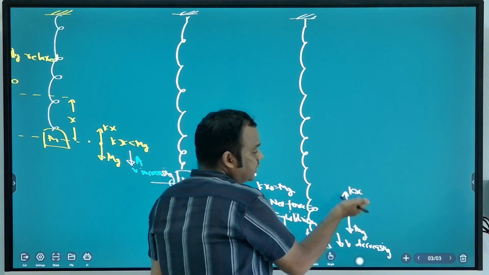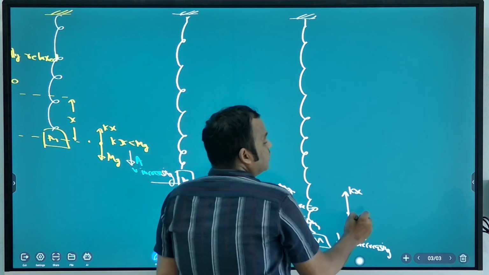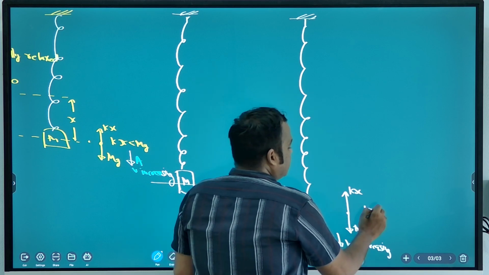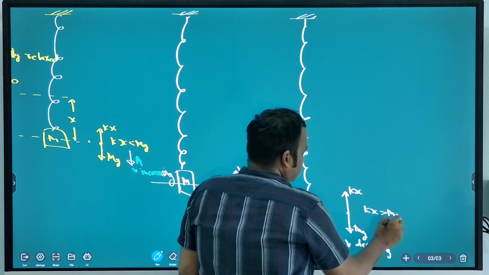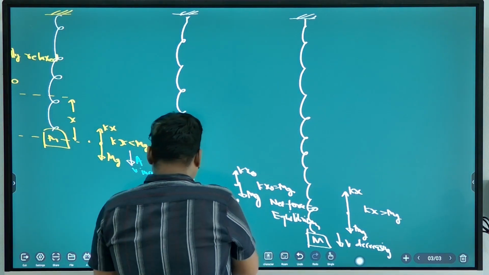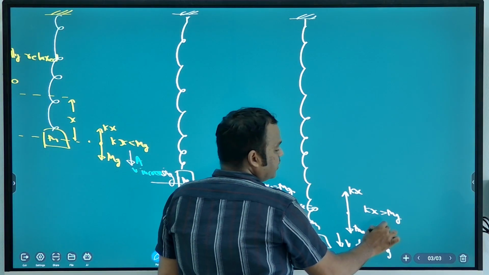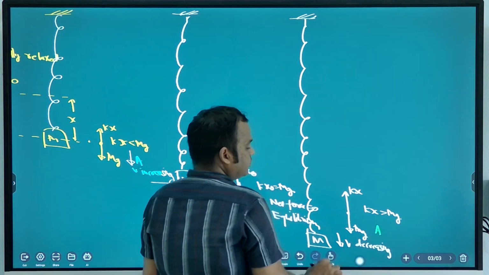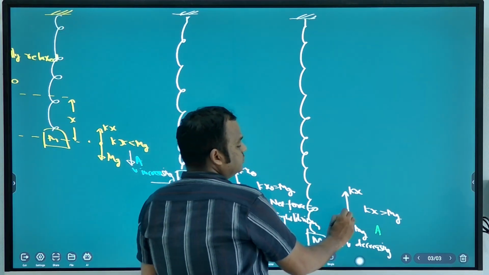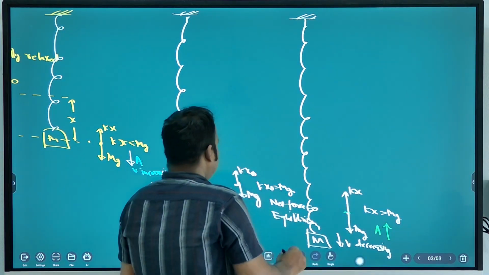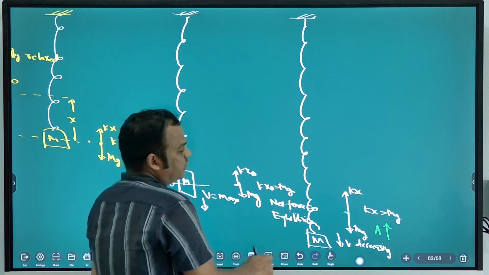So which is greater now, kx or mg? kx is greater than mg. So is velocity increasing or decreasing? Decreasing. Acceleration will be up or down? kx is greater, so acceleration will be up. Are you getting this point or not?